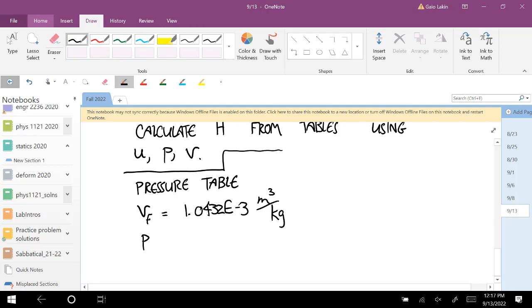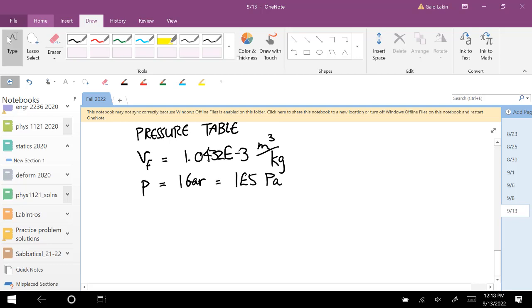And look up the pressure. 1 bar is 1 times 10 to the 5th pascals. The specific internal energy for the liquid, for the fluid, is 417.36 times 10 to the 3rd joules per kilogram.